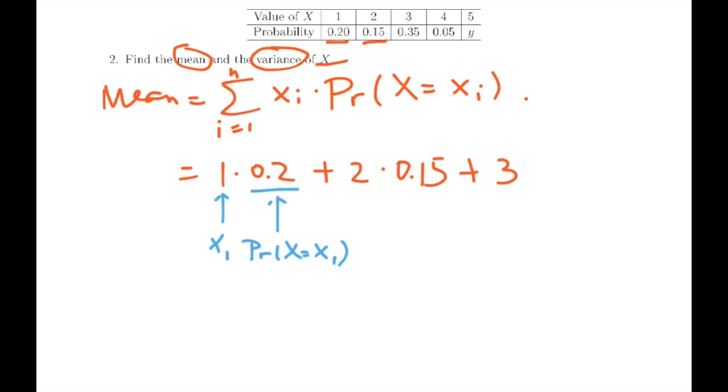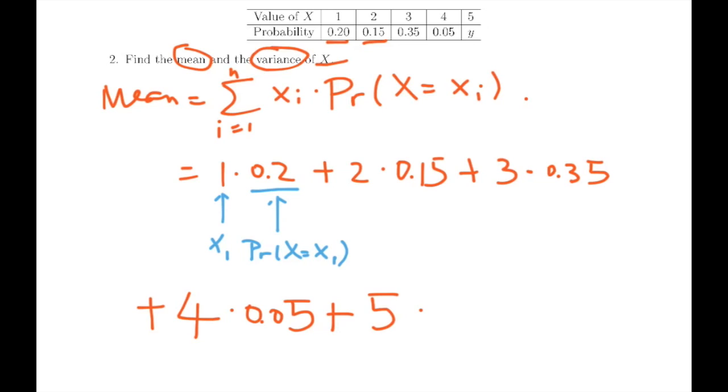And we do the same thing for x_i equal to 3, multiplied by its corresponding probability, that is 0.35. And then we plus x_i equal to 4, times its corresponding probability, that is 0.05. And finally, when x_i is equal to 5, the corresponding probability is y, but we found that it is actually 0.25.